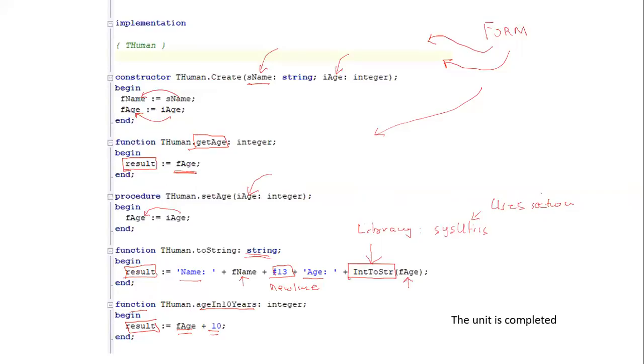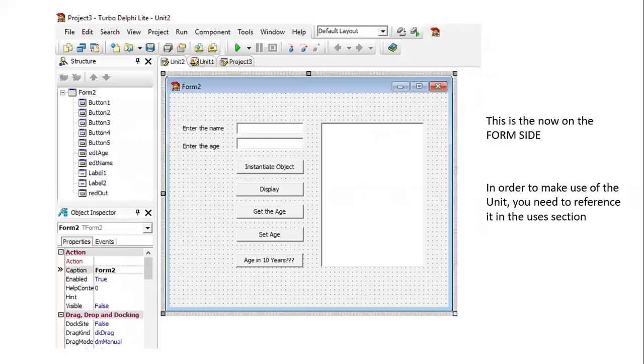So let's now go onto the main form. I'm now on the form side, and I'm going to start making use of this unit 1, where I've created this tHuman class. On my form, I've already created some edit boxes to enter the name.